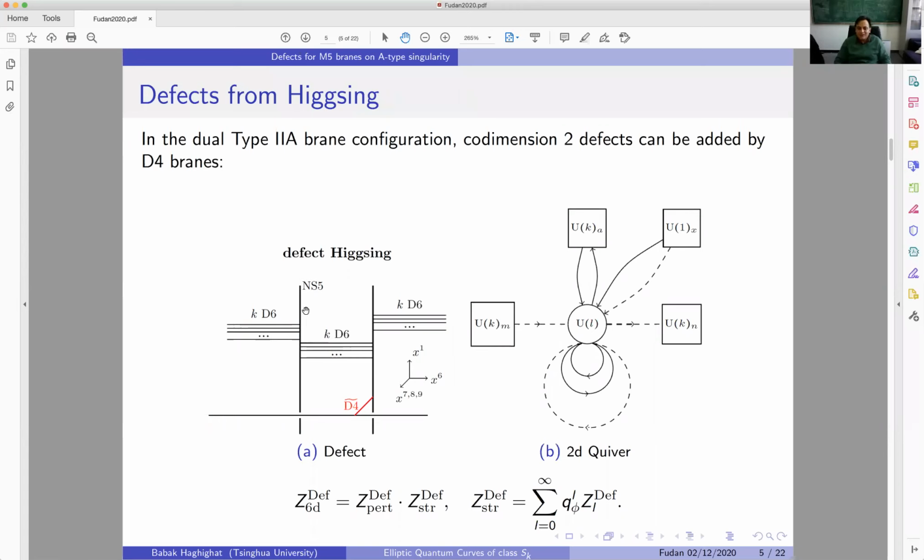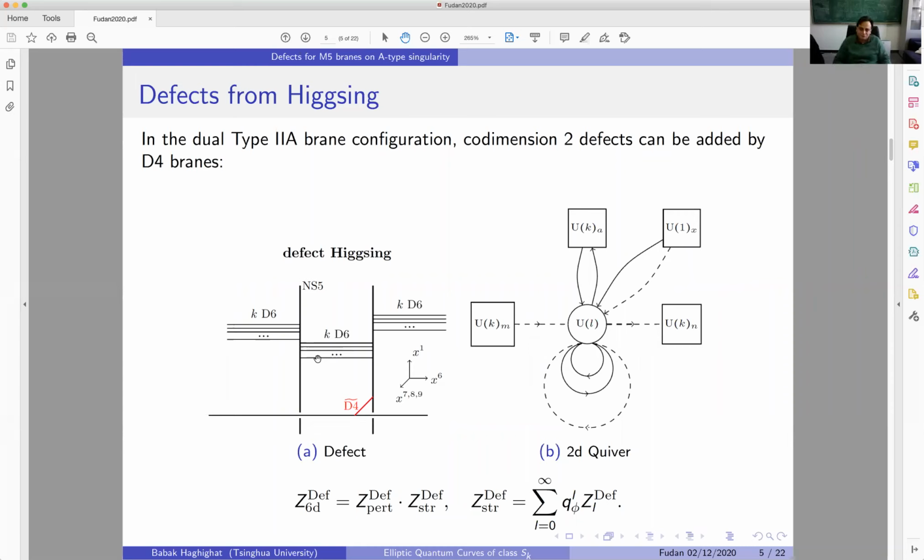But it is basically in this world volume theory of these NS5 branes. And you can think of coordinates x0 and x1, and these are then toric. So basically, in this picture, this direction, the x1, is circular. But there is another circular direction which is not depicted here.